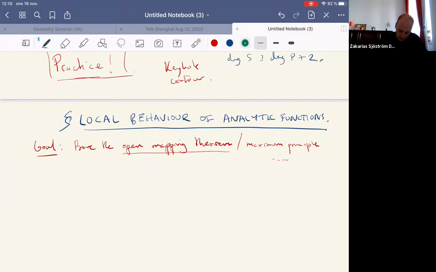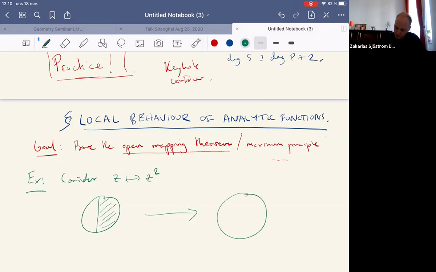So we start with an example. Consider z goes to z squared. Then we can draw a picture, something like this, perhaps. If I restrict to half of the disk, this will map half of the disk to what?